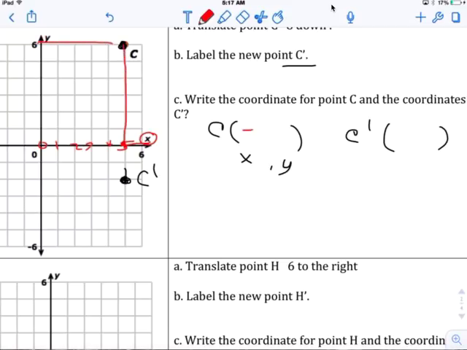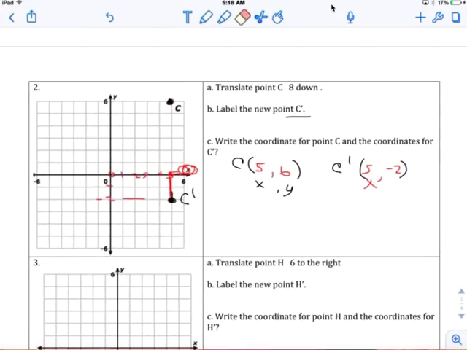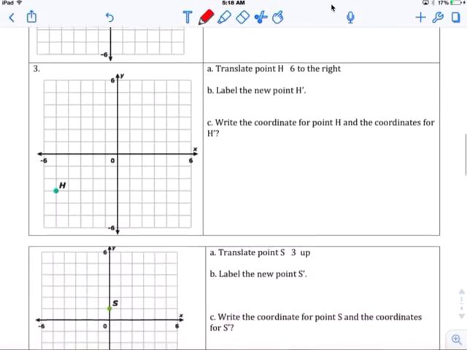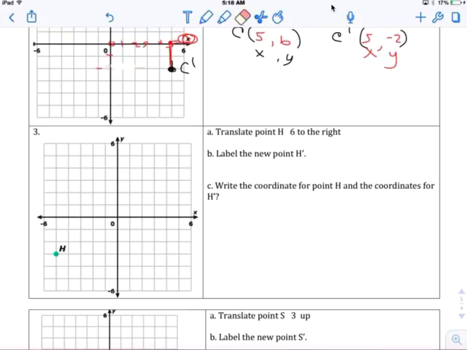So 5, 6. And this is also 5, but that's -1 and -2. So X is 5. Remember X, Y. And Y is -2. Okay? That's how you do your ordered pair.